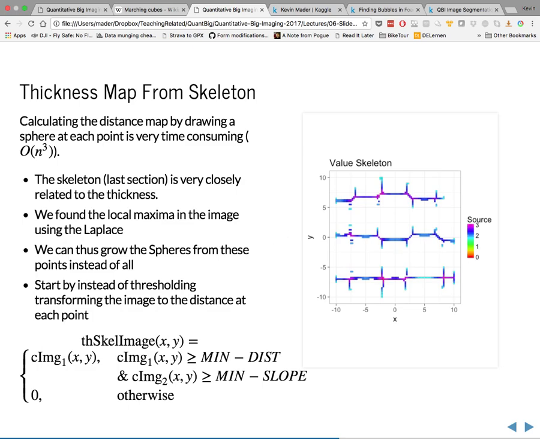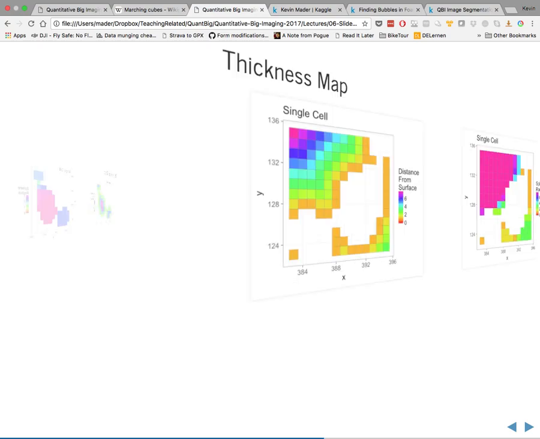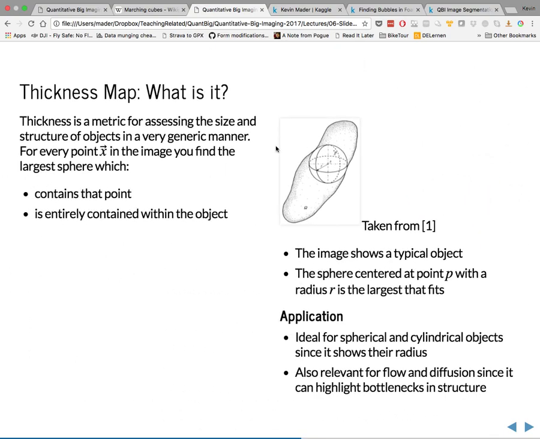So now one of the things that we cover is, with this thickness map, how does the skeleton fit into this? Or how do the distance map and the skeleton fit into this? Because as we talk about the idea for this, the sphere centered at the point P with the radius r is the largest one that fits in there.